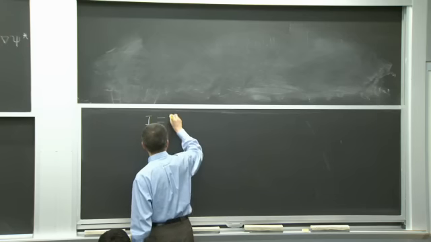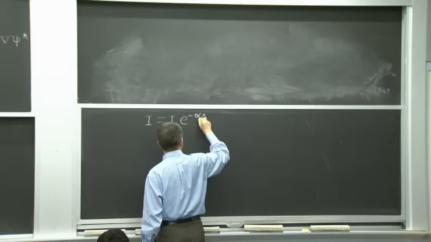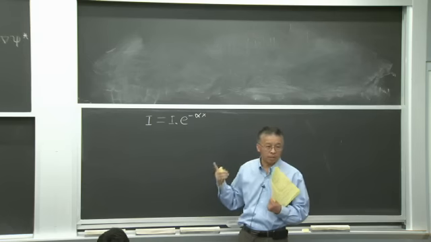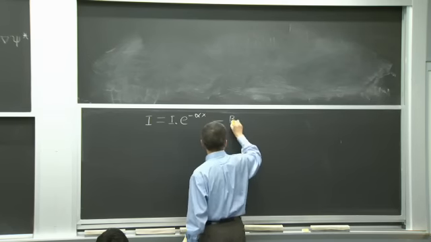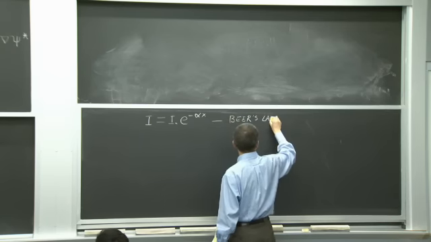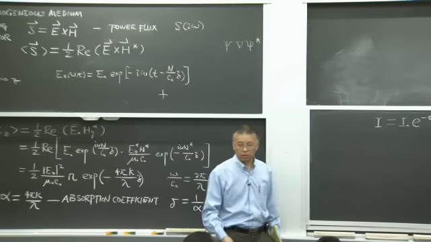Intensity propagating in the medium is exponential of alpha times x, where x is the direction of propagation. This is another way to write the same form. And this is also called Beer's law. It's a consequence of the Maxwell equations, but it's called Beer's law.